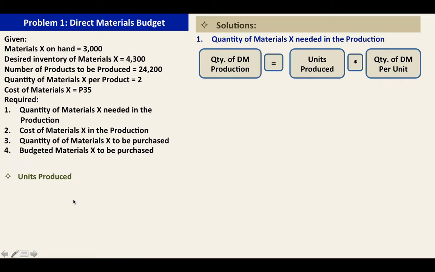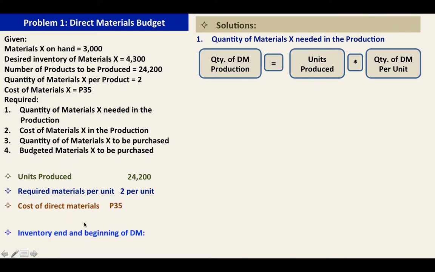So the units produced here is 24,200, and then the required materials per unit is 2, and then the cost of direct materials is 35. Okay, we are just trying to understand the given in our own way of understanding it, if you want to have a clear understanding of the given data.